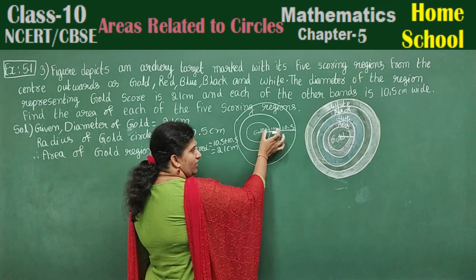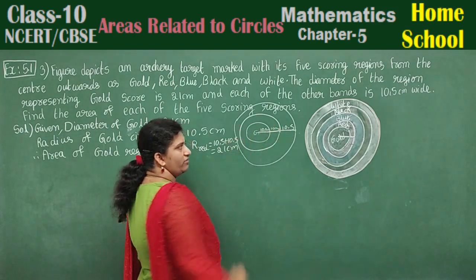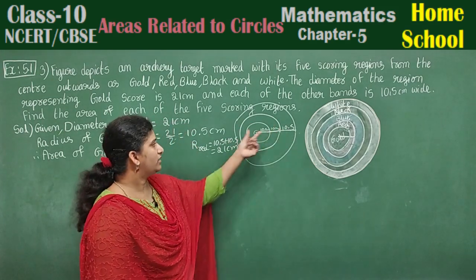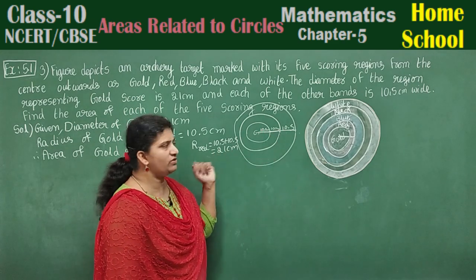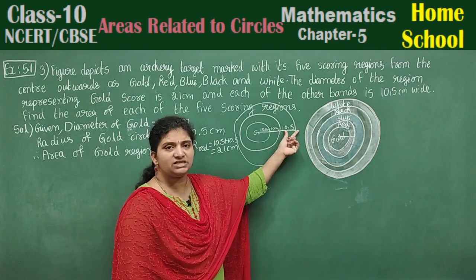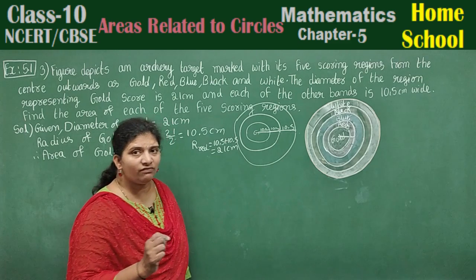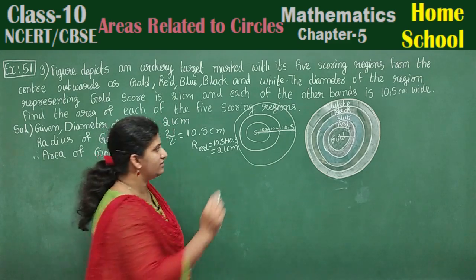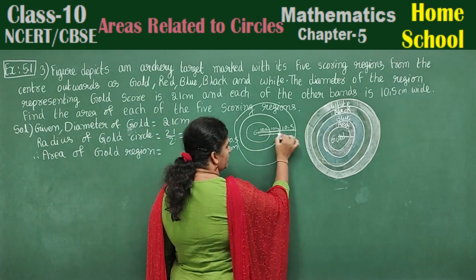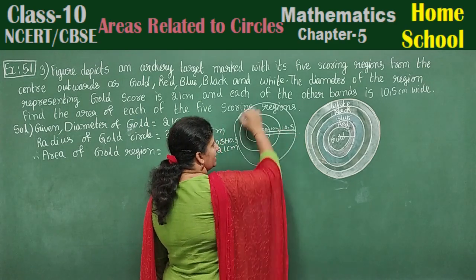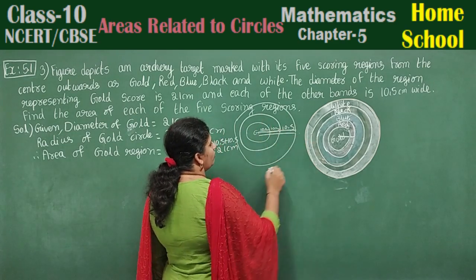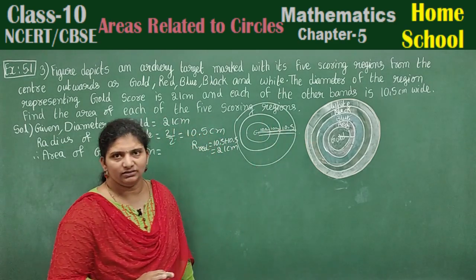So 10.5 plus 10.5 plus 10.5, how much will it be? 10.5 plus 10.5 will be 21. 21 plus 10.5 will be 31.5 centimeters. Understand carefully, from here to here add, that will be the radius of the blue color circle.